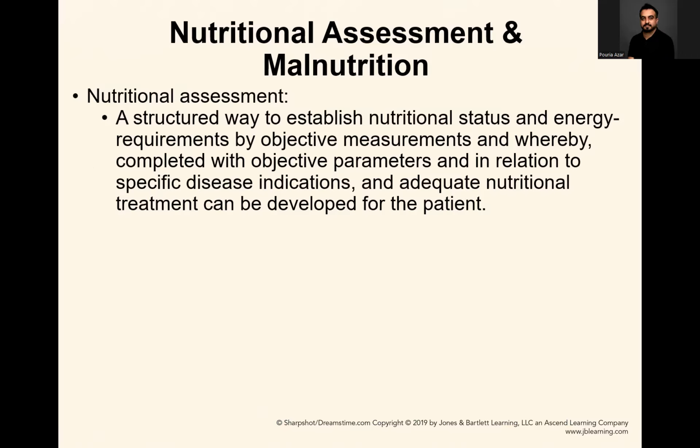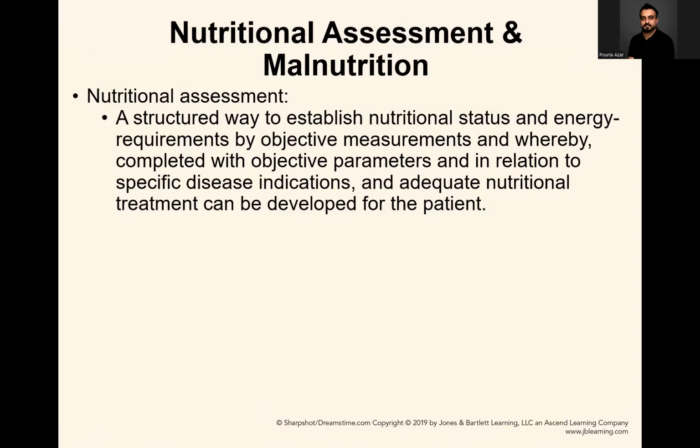When we say nutritional assessment, it's a structured, systematic way or a framework to establish nutritional status and energy requirements. There are different methods for data collection for nutritional assessment, and we will see that in a few slides.